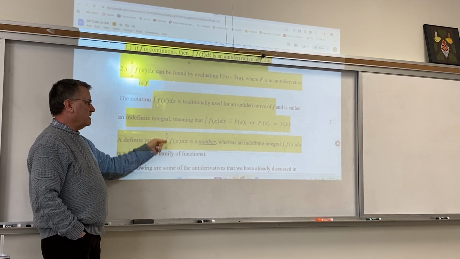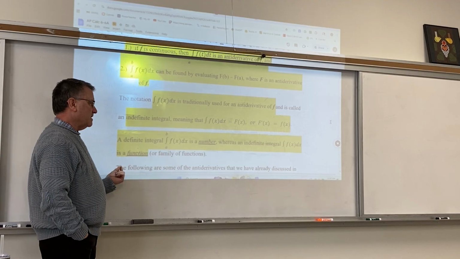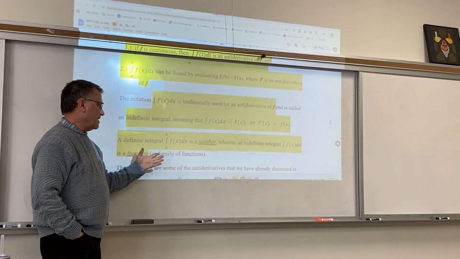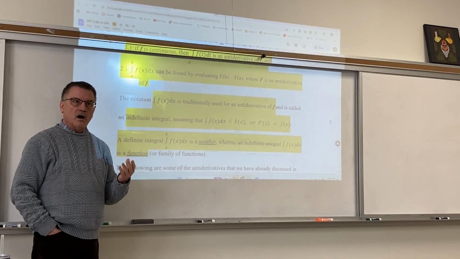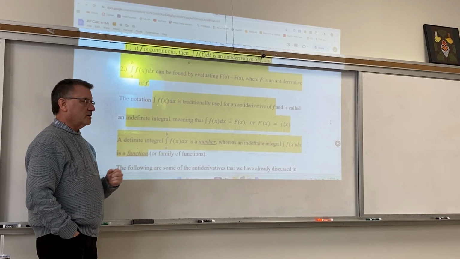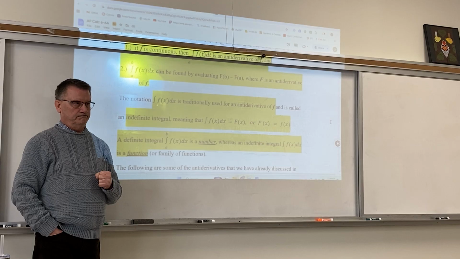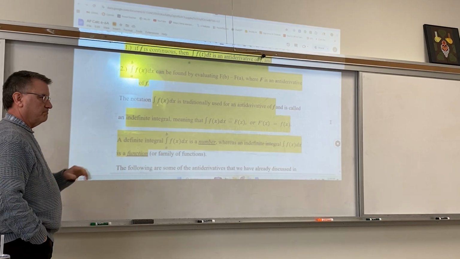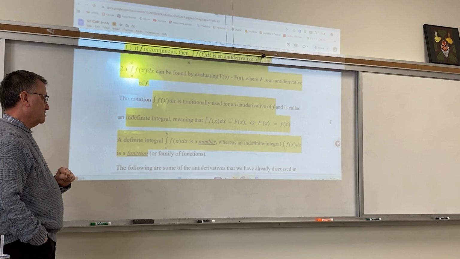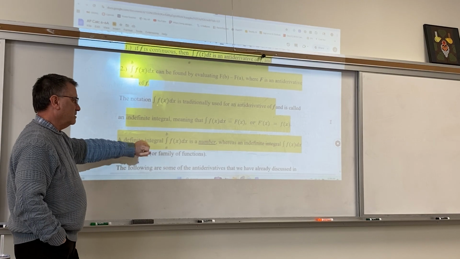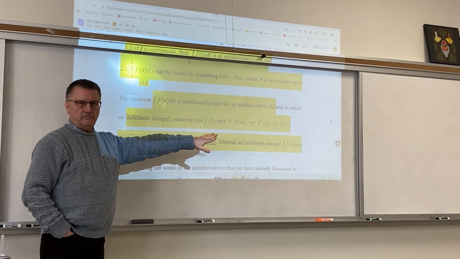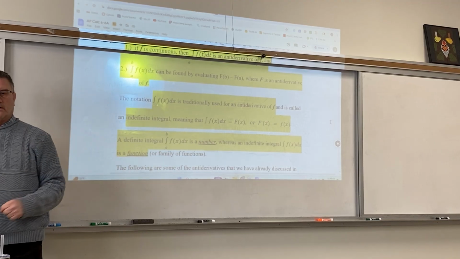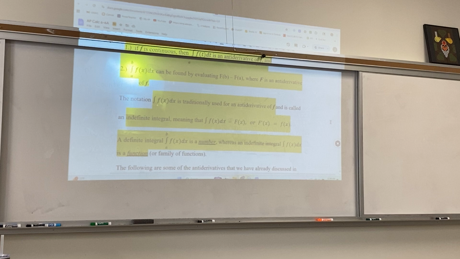So a definite integral is a number. An indefinite integral is a function. Or more specifically, a family of functions, because for the indefinite integral, we have to say plus c. So that means it can move up and down and be a collection or a family of functions. Just remember, this is a number. If you don't have the lower bound, upper bound, you're going to end up with a function. Otherwise, you're going to get a numerical value.